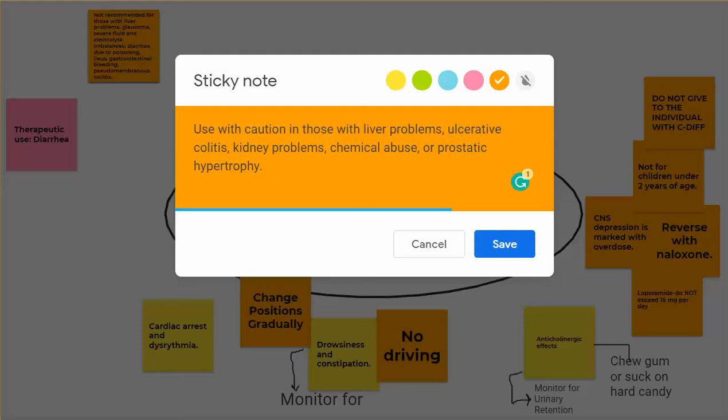We want to use this with caution in those with liver problems, ulcerative colitis, kidney problems, chemical abuse, or prostatic hypertrophy. That liver and kidney problems, that's always, you know, metabolizing and excretionary types of things. Prostatic hypertrophy is because of especially the ones that have the atropine in them, contributing to more urinary retention.